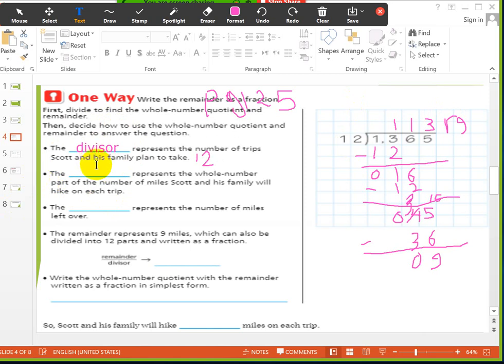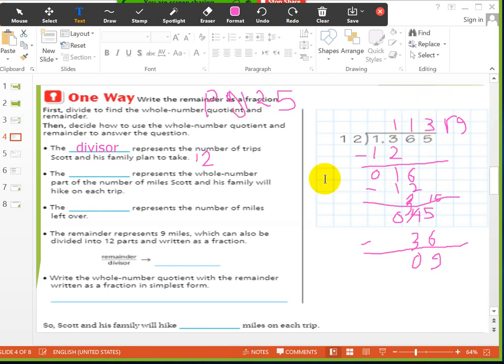Now, what is the number that represents the whole number part of the number of miles Scott and his family will hike on each trip? But what we call this 113R9? The whole numbers, the whole number part of the number of miles Scott and his family will hike.